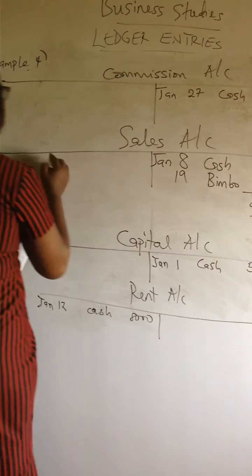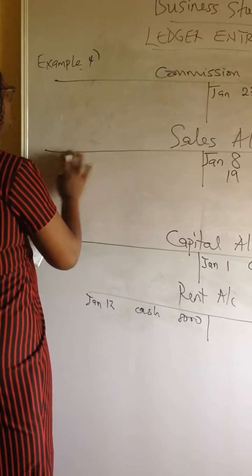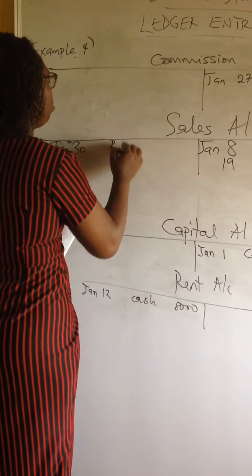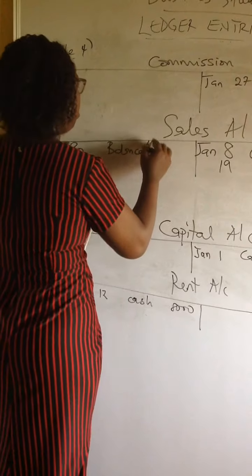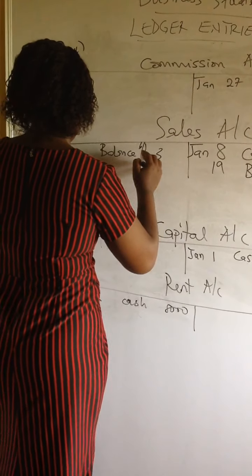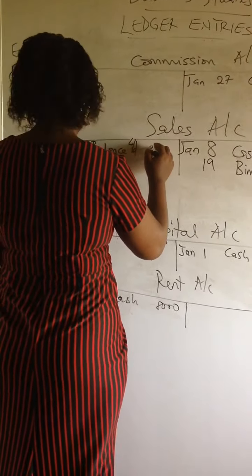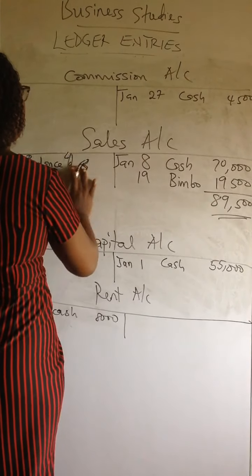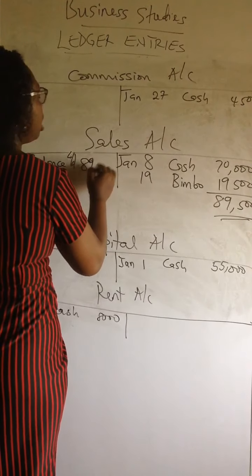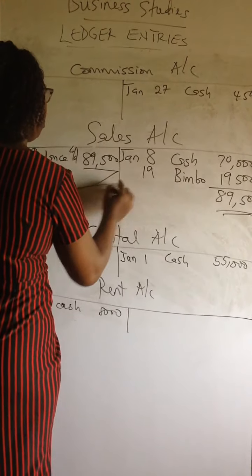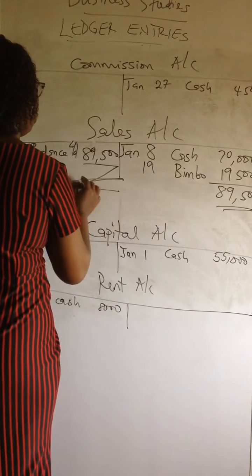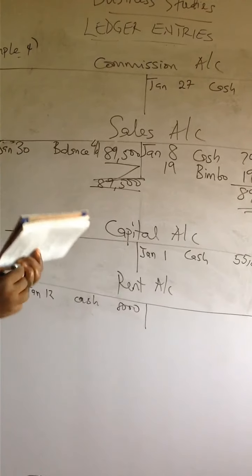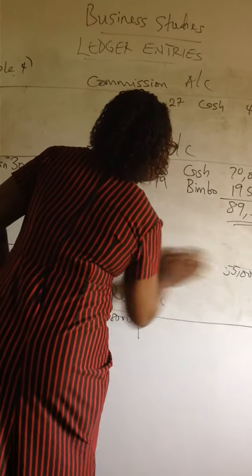To balance the account, you bring it here. That's at the end of the month now. You have January 30th, balance carried down, which is 89,500. Balance brought down 89,500.